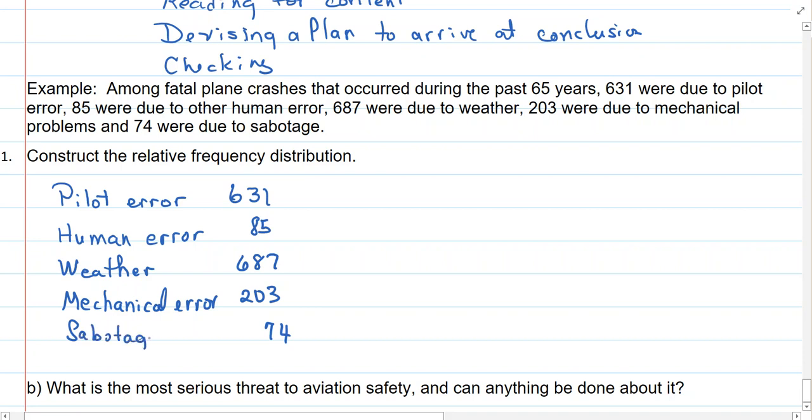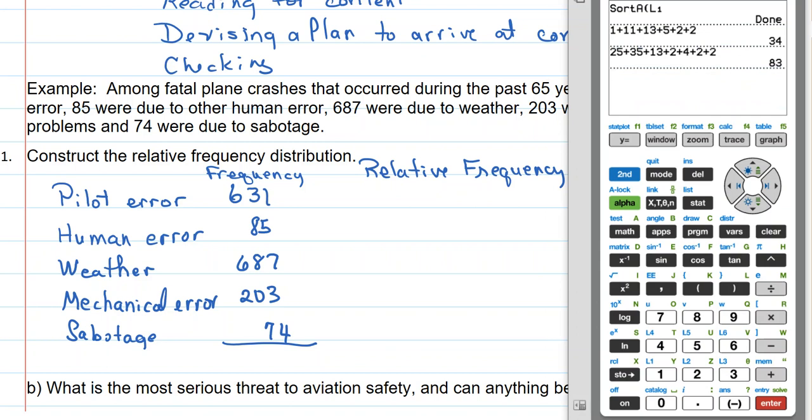All right. So, what are they asking? Construct a relative frequency distribution. Okay, so we need our total of our data. All right, so let's get the data total first.